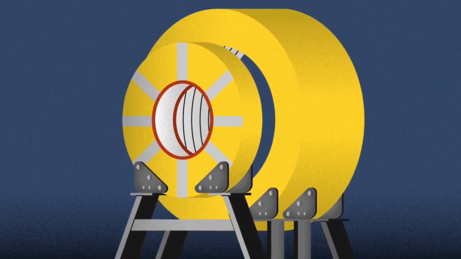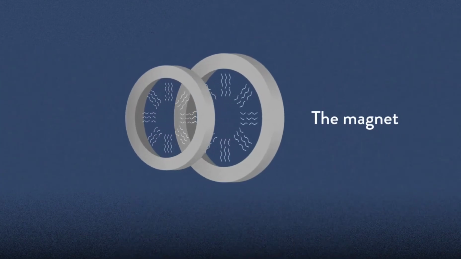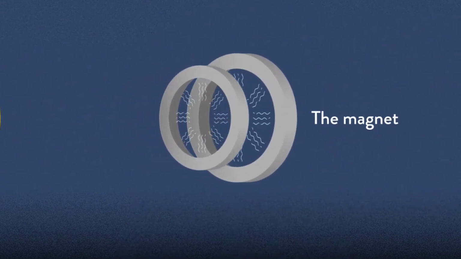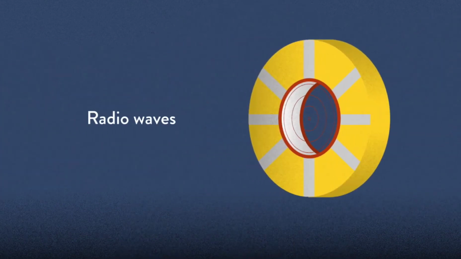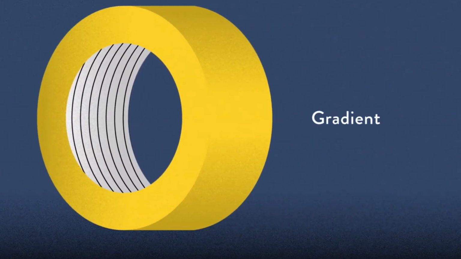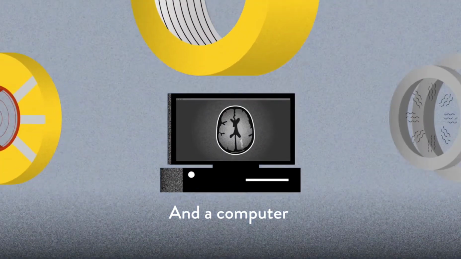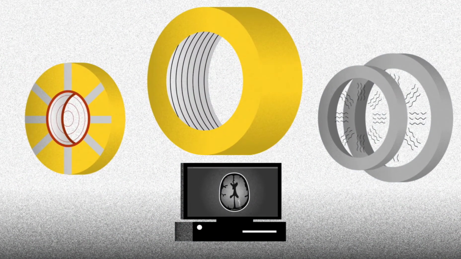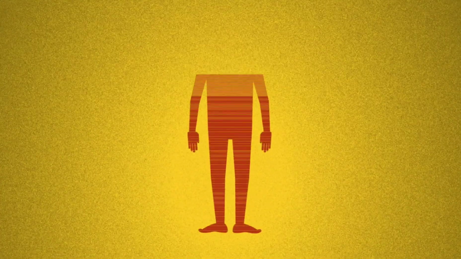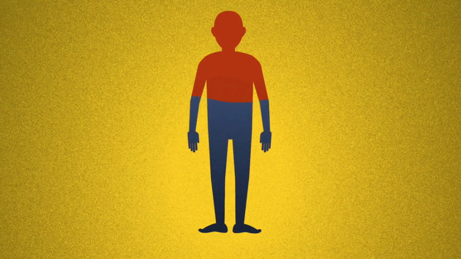Let's meet the machine. The key components are the magnet, radio waves, gradient, and a computer. Our bodies are made up of 60% water, and water is magnetic.